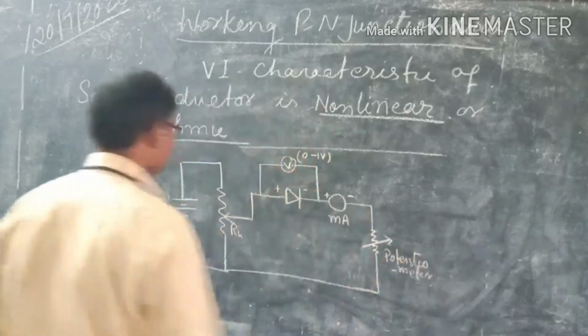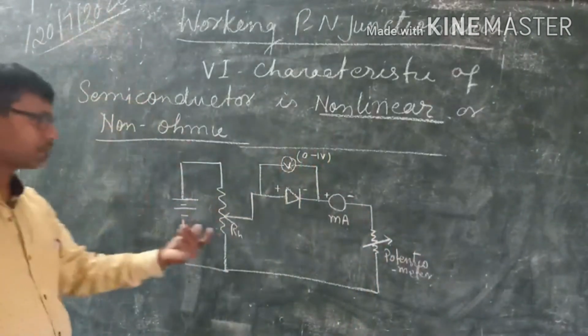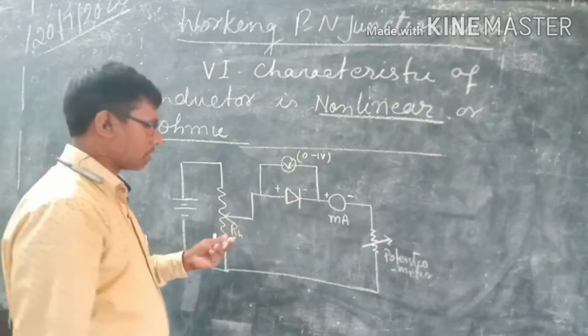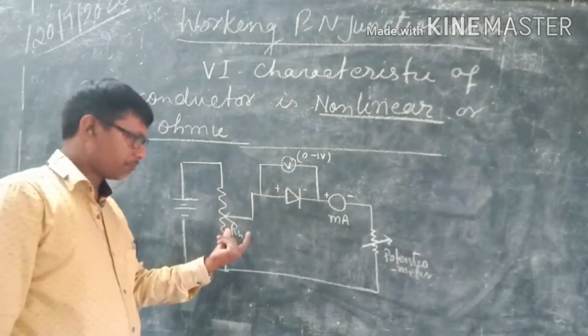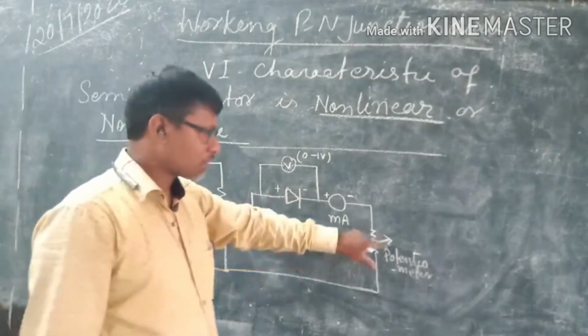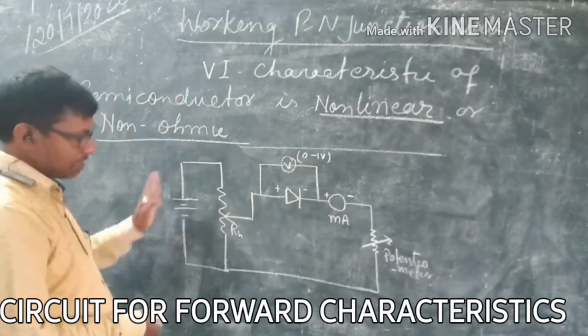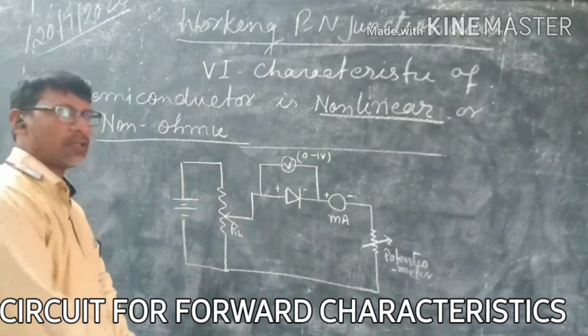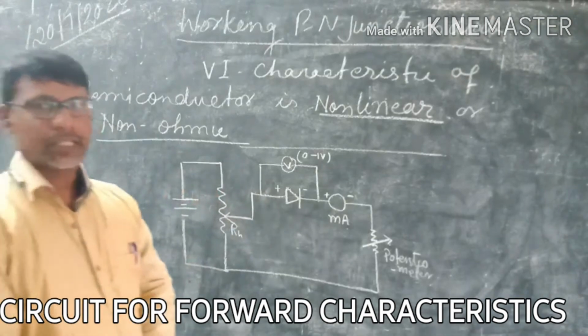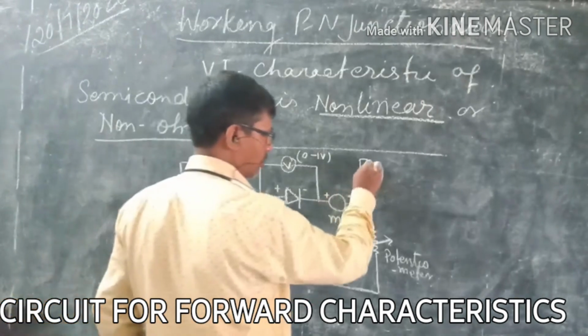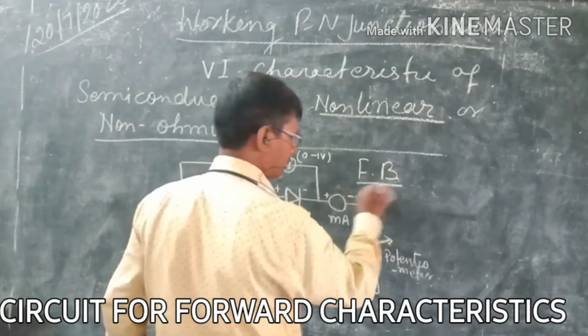This is your potentiometer and this is your rheostat. At a fixed position of the rheostat, रheostat को एक फिक्स पोजीशन करके हम पोटेंशियोमीटर को धीरे धीरे हम घुमाते हैं, ठीक है. So this is an experimental arrangement for drawing the VI characteristics in forward biasing.